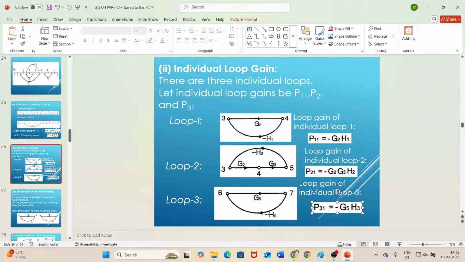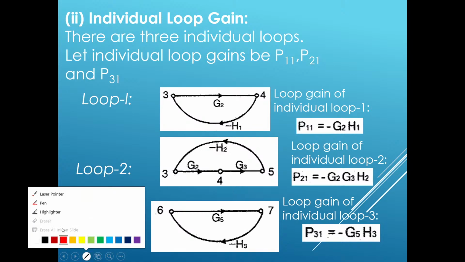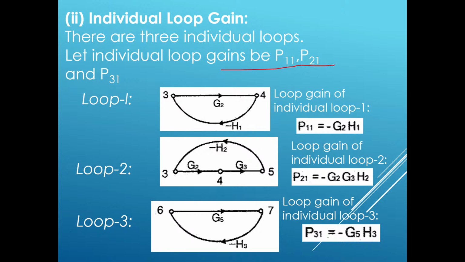Here I have assumed the loop gain notations as P11 and P21.